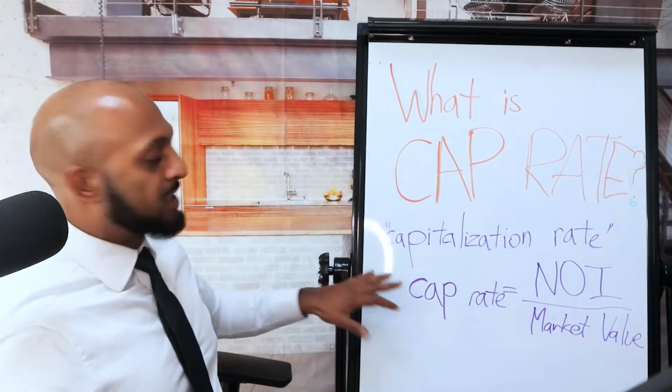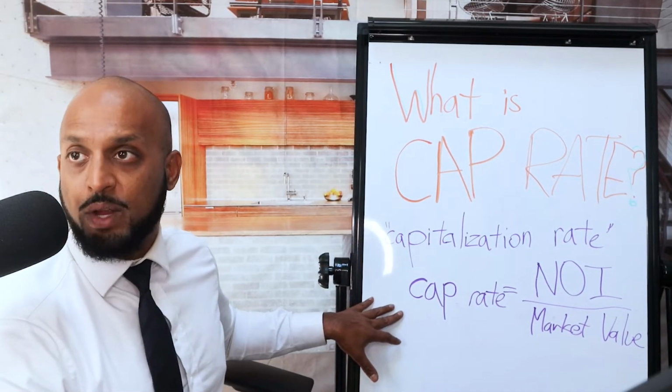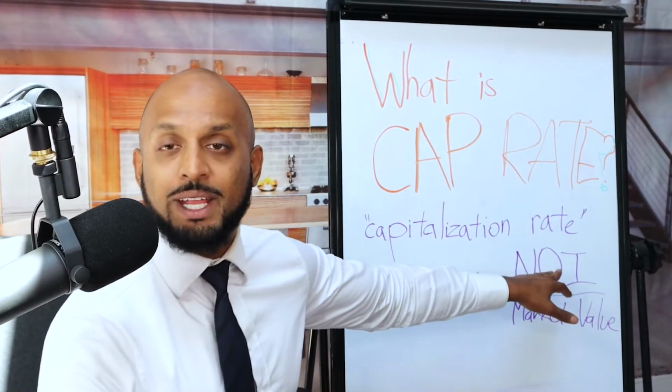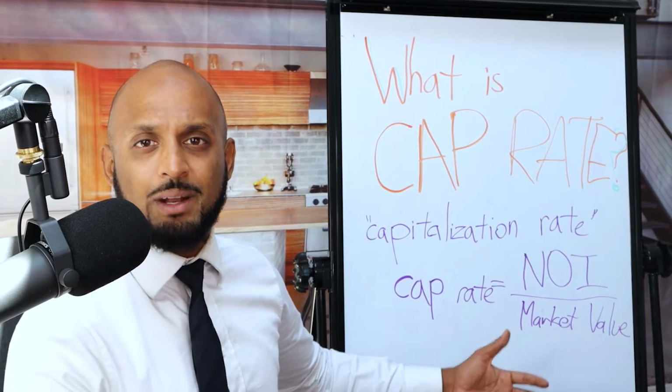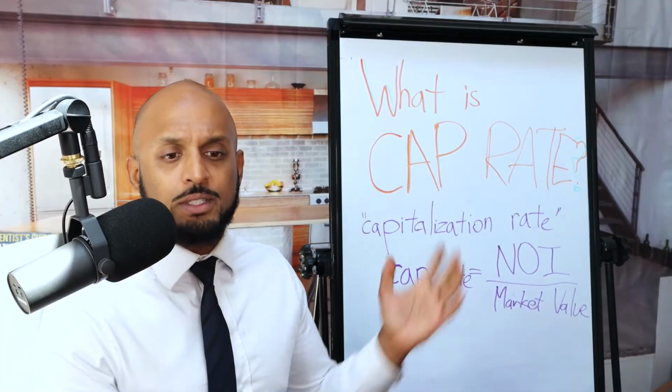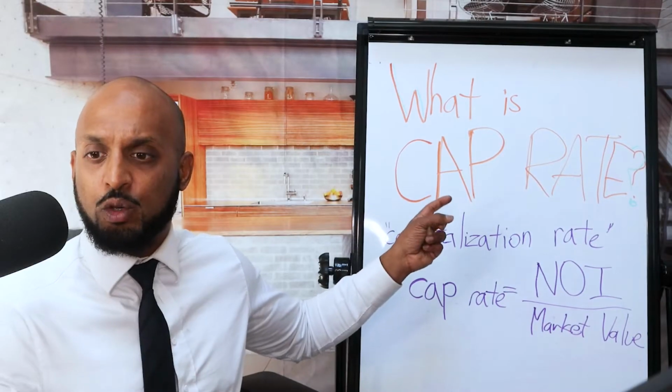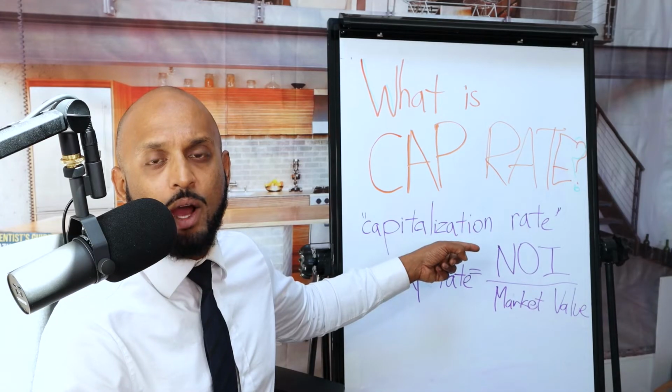Now, the simple formula for the cap rate is the net operating income divided by the market value. Why is that important? First, let's define some terms. In the preceding video, we discussed what NOI is in great detail.